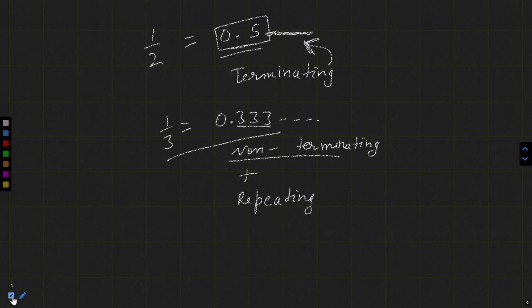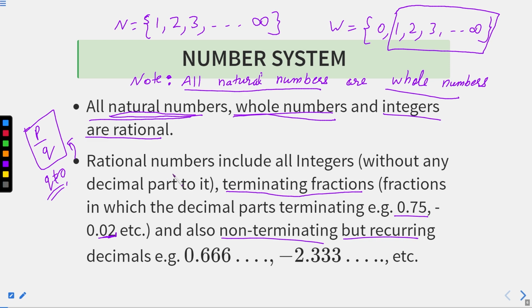So the rational numbers are in the P upon Q form, where Q is not 0, and their decimal form must be terminating, or non-terminating but recurring. Clear? Okay, let's move further.